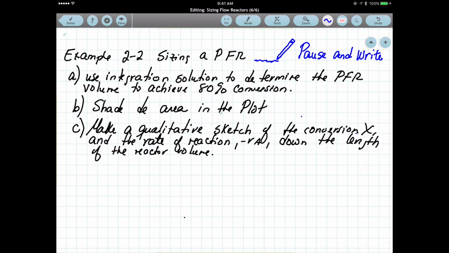This means that because we know how to calculate the area under the curve for 80% conversion, we need to do that for every one of the volumes that we have available, based on some numerical methods again. So this problem is kind of long, but it's because it involves a little bit of algebra and things that you're going to be reviewing, and I'm going to take the time to help you understand it.